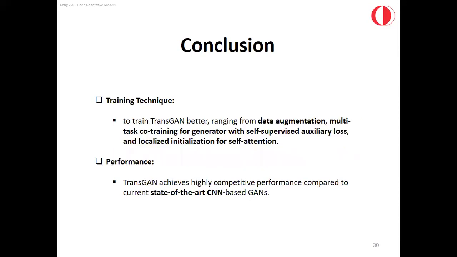In the training techniques, they actually tried data augmentation and showed that TransGAN can outperform with data augmentation, and multitask co-training for the generator with self-supervised auxiliary loss, and localized initialization for self-attention.